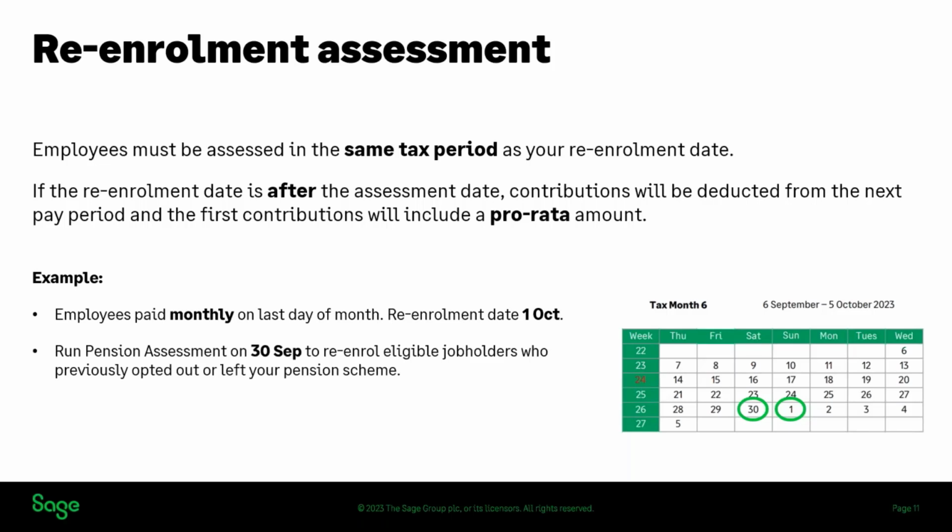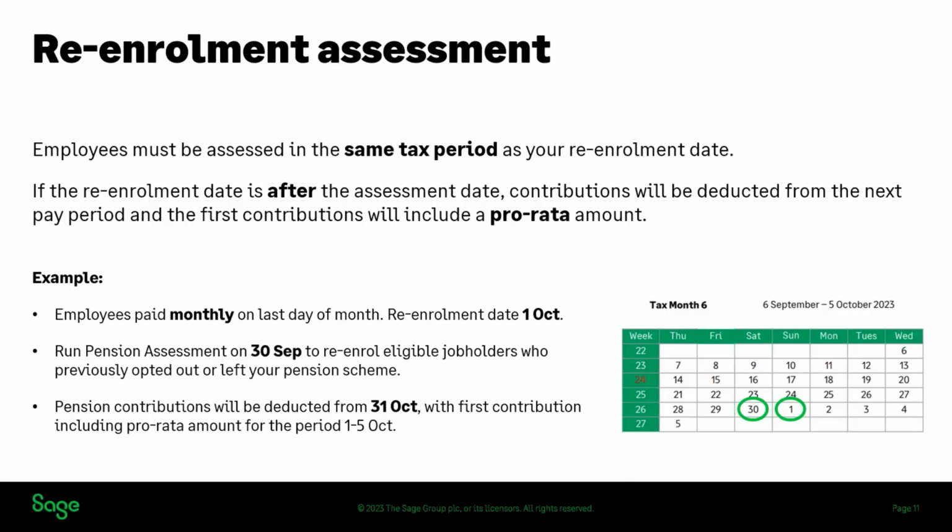Now with our pay date, that means we run our pension assessment for the 30th of September pay date, which will re-enroll our eligible job holders who previously opted out or left. However, their first pension contributions will only be deducted from the 31st of October, with that first contribution including a pro rata amount relating to the period the 1st to the 5th of October. And we'll bring that to life when we go through the demo.